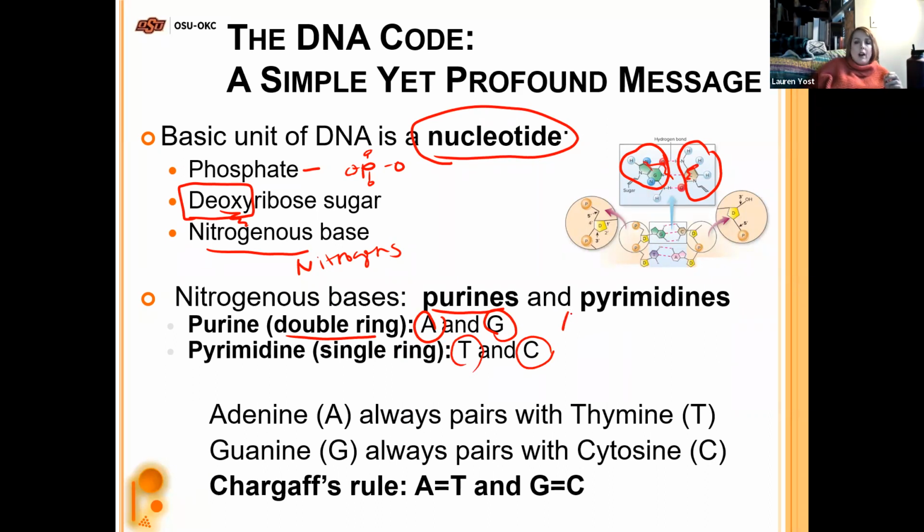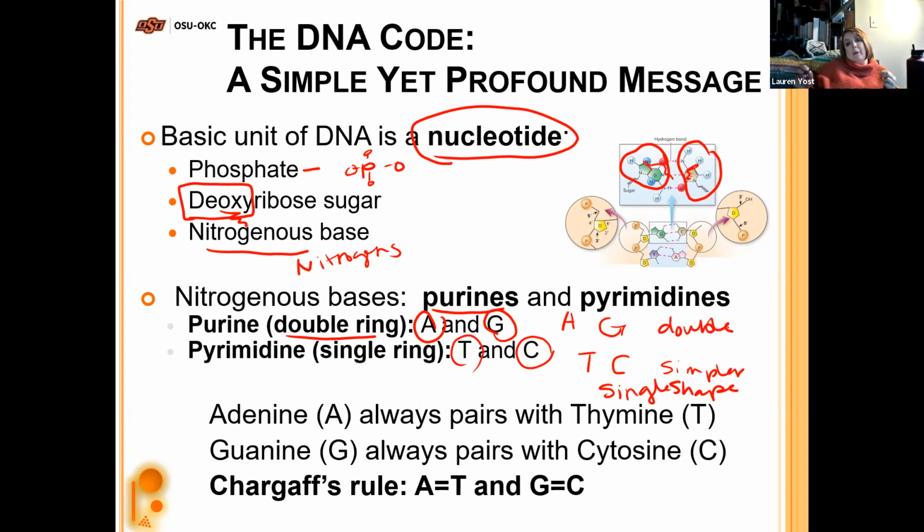When I write out A and G, I feel like there's more involved in writing those out than if I write down T and C. Those are simpler, right? So their actual shape is simpler. So if the letters have a simpler shape, then I would think that these would be the single ring ones, and these would be the double.